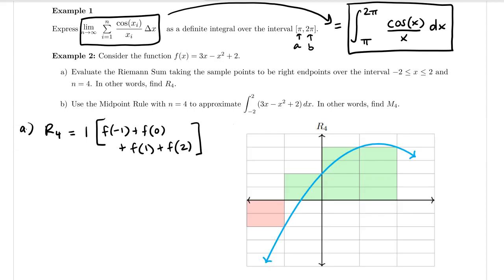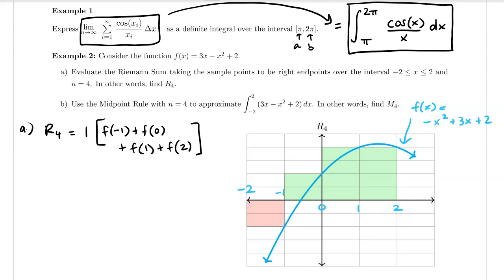So here's a visual representation of what's happening. We know that our left endpoint is here at -2, then our next x value is -1, 0, 1, and then 2. So here in the cyan color, or blue color, we have the graph of our function, which is a quadratic. So we're looking at f of x equals, I'm going to reorder the terms, -x squared plus 3x plus 2.